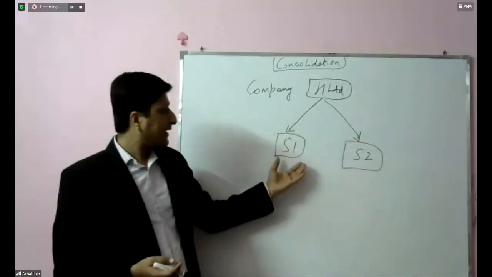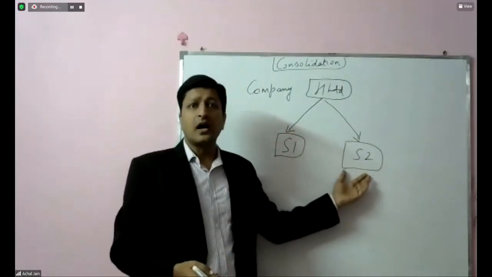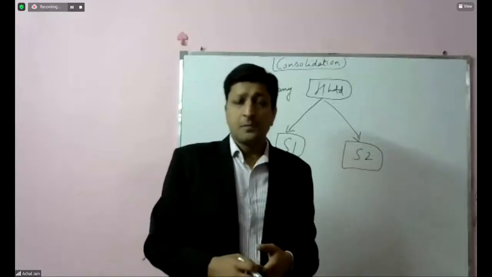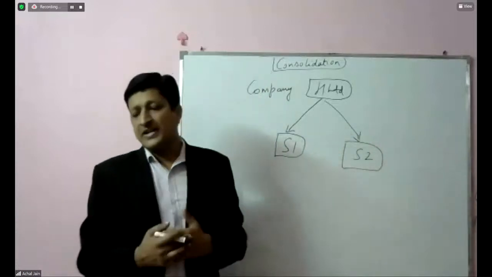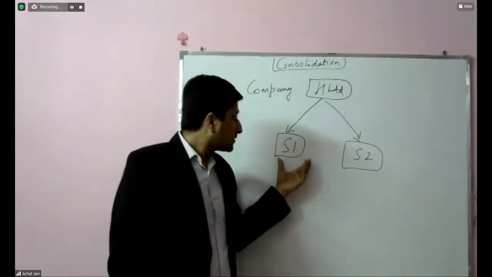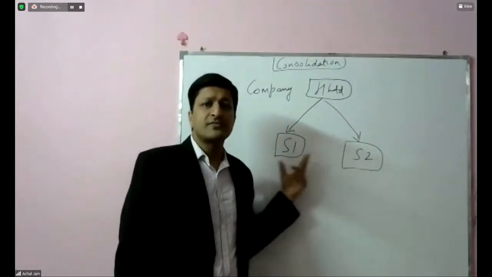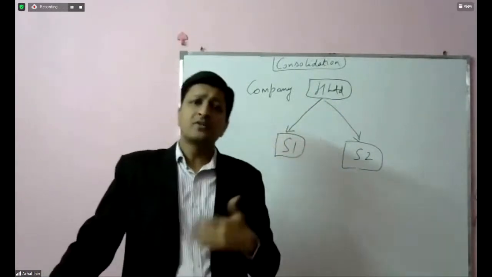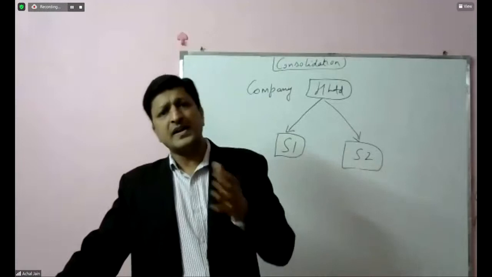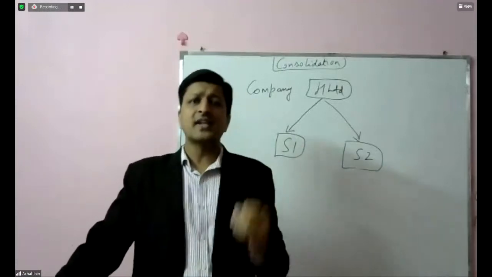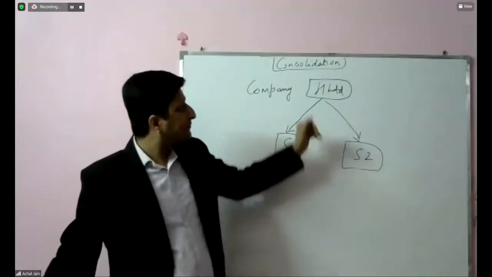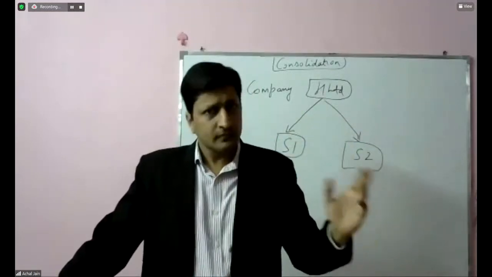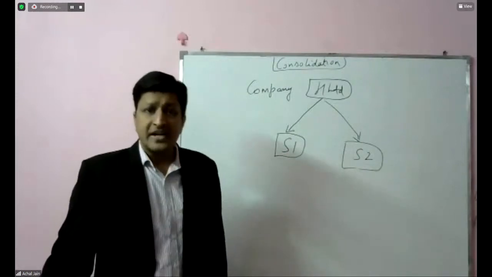That is because these two companies are no different from H Limited, because these are eventually controlled by H Limited. The profits which these two companies will generate will also belong to H Limited only. Why? Because H Limited is the shareholder of S1 and S2. So whatever earnings S1 and S2 will generate, that will go to H Limited, and from H Limited to its shareholders. Correct?